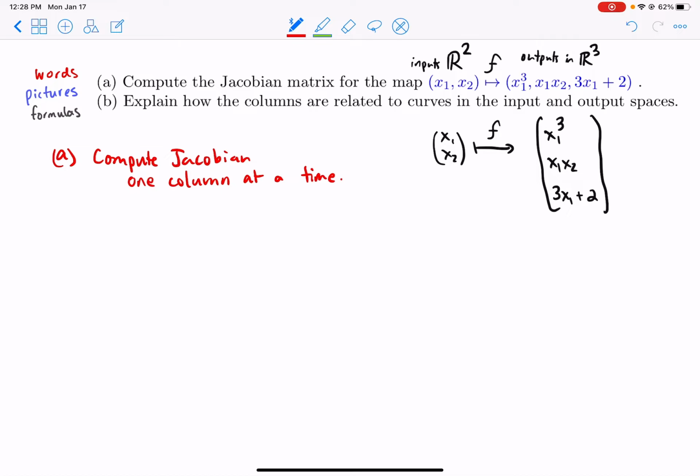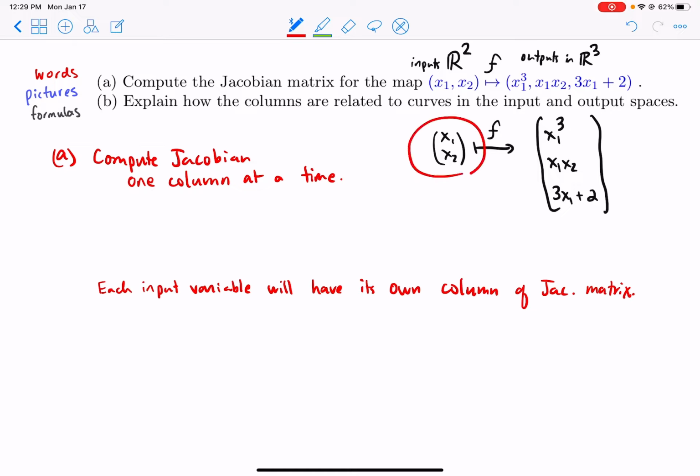In particular, my answer will be that each input variable will have its own column of the Jacobian matrix. And so here the inputs, there's two of them. So that means the Jacobian will have two columns in this particular example. There will be a column for x1 and a column for x2.